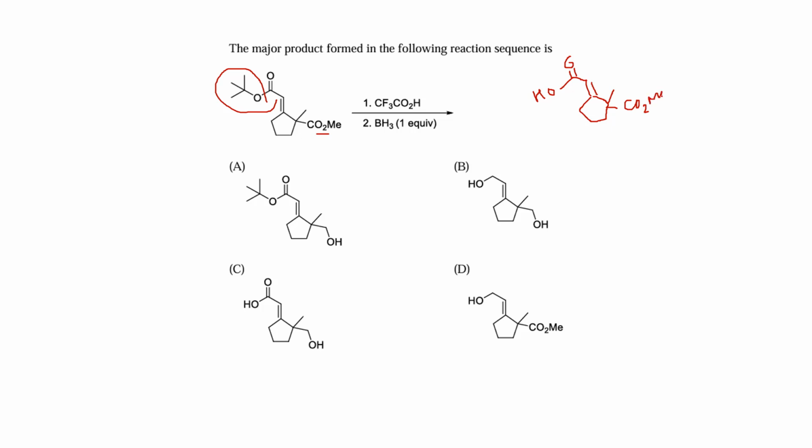After that, they have added BH3, one equivalent. We know when BH3 is added in one equivalent, it is selective to acid, so it will selectively reduce the acid. The product will be option D, because the acid group will be selectively reduced in presence of ester when BH3 is added. Okay.